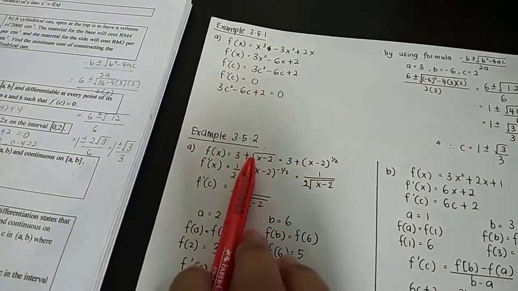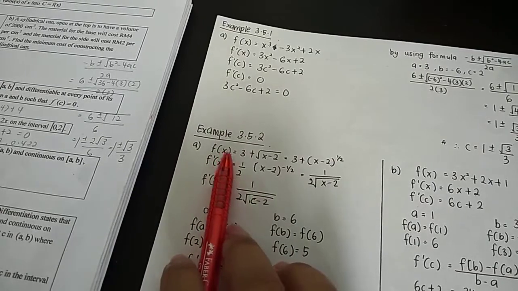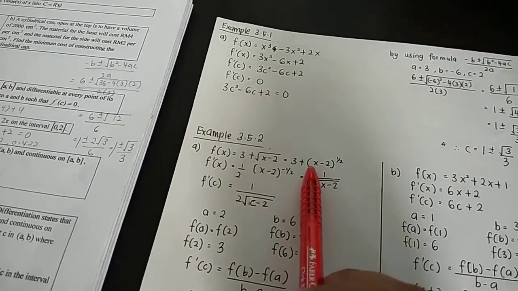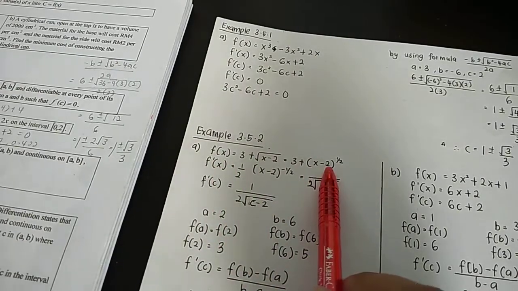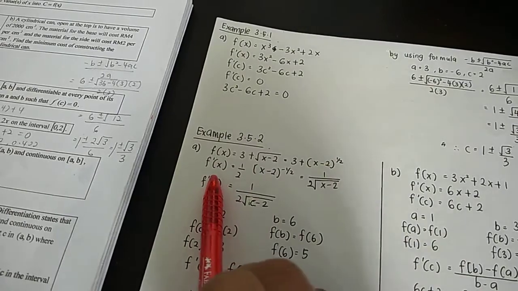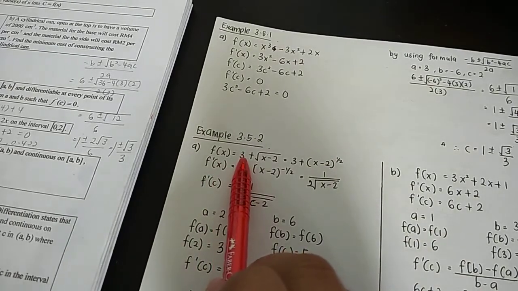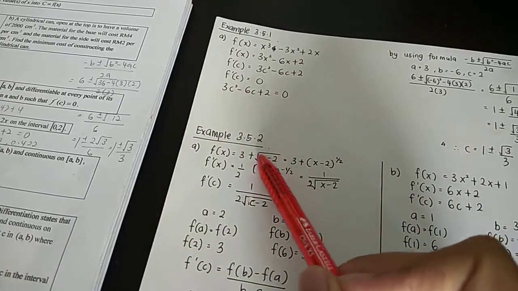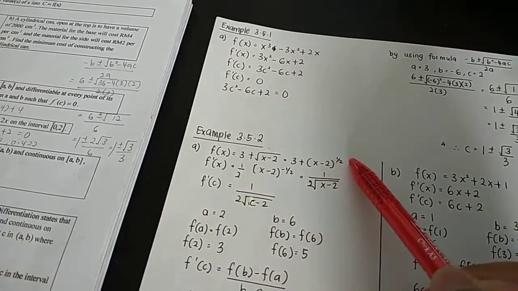Awak ada f(x) tadi. So f(x) 3 plus square root of x minus 2. So nak senang sebab kita nak differentiate, so keluarkan square root tu jadi power of 1 over 2. So bila nak differentiate f prime x, so 3 ni tak ada apa-apa lah sebab dia constant. Differentiate constant dapat 0. So yang kita nak kena tahu ni square root ni, which is x minus 2 power of 1 over 2.